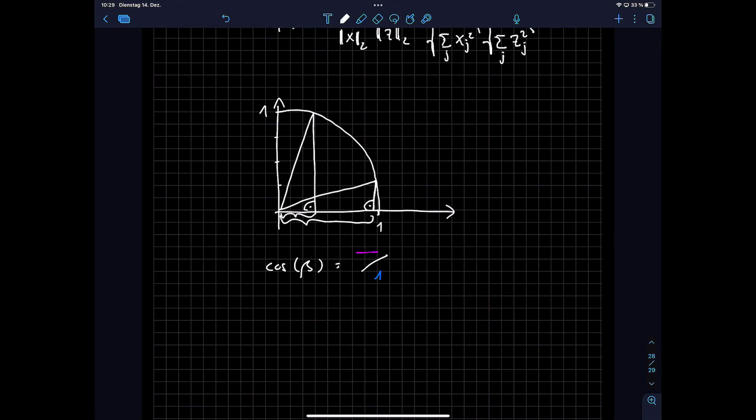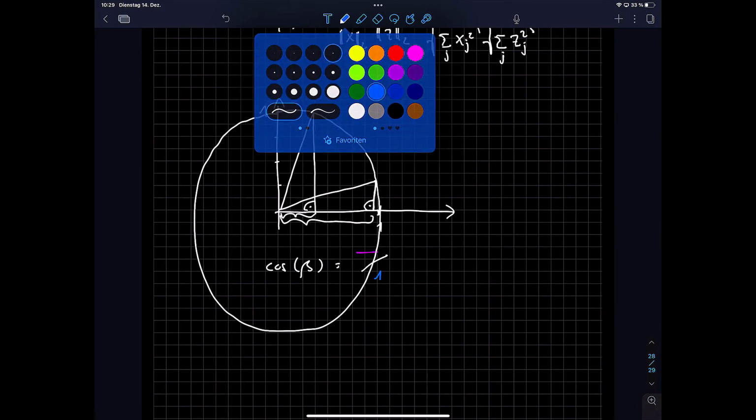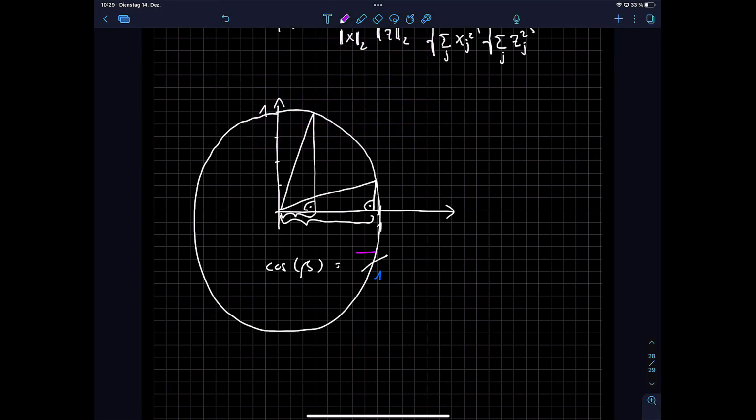Also, this is a circle, so it goes around like this. In our most extreme case, for an angle of 0, we would have a length of 1 divided by a length of 1, meaning the cosine is equal to 1.